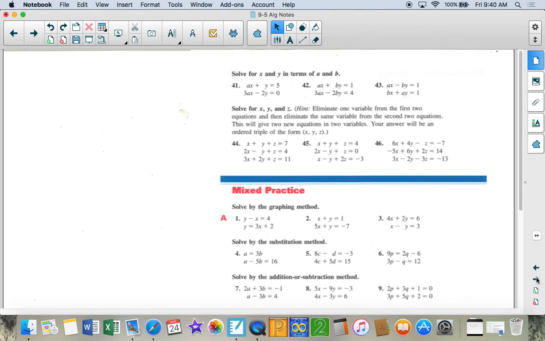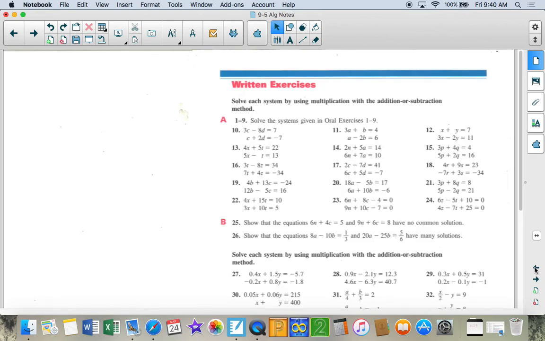The final example that we have to look at, we're going to look at the written exercises. If we look at number 10, okay, what do I want to cancel? Well, I kind of want to cancel the c's. If I multiply everything by negative 3, I can get rid of my c's.